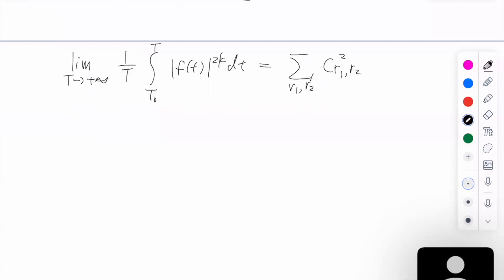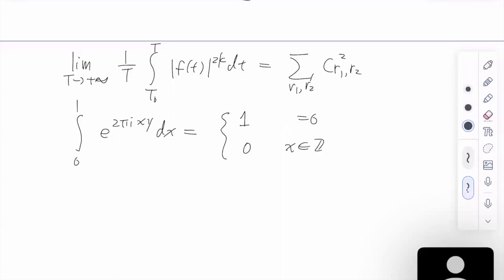We can use the following integral formula. When the range of integration is from 0 to 1, the quantity e to the 2 pi i times x times y integrated along x is going to be equal to 1 if y is 0, and the whole thing is going to be 0 if y is an integer that is not 0.